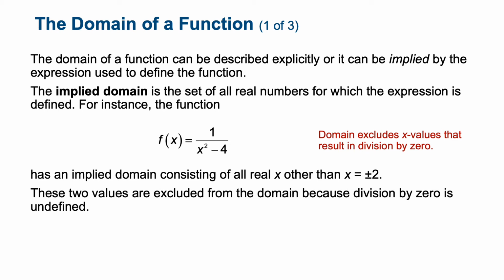If I set x squared minus 4 equals 0 and solve for x, I get x equals plus or minus 2, because I square root both sides. If I plug in negative 2, I get 4 minus 4, that's 0, a no-no. If I plug in positive 2, I get 4 minus 4, that's 0, a no-no. So these two values are excluded from the domain because we cannot divide by 0.